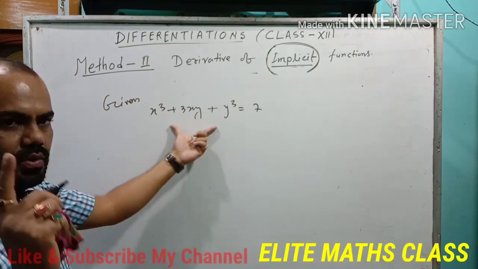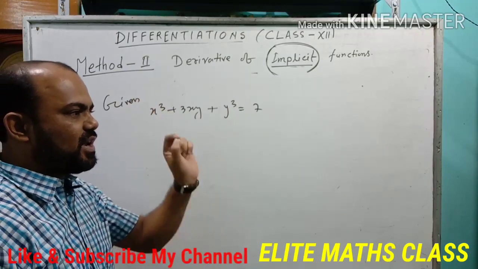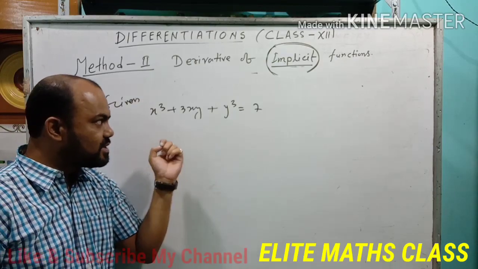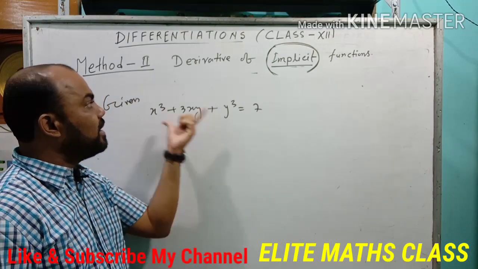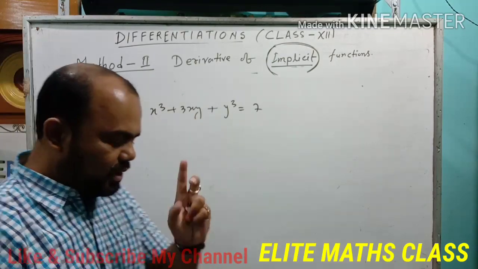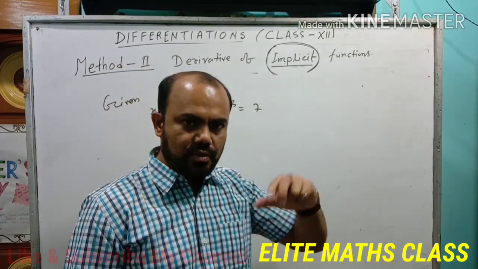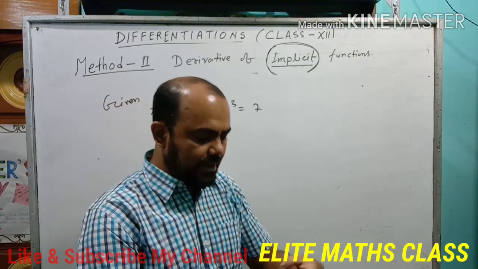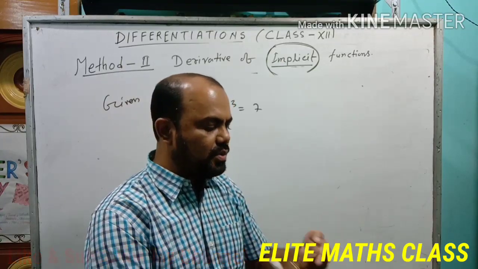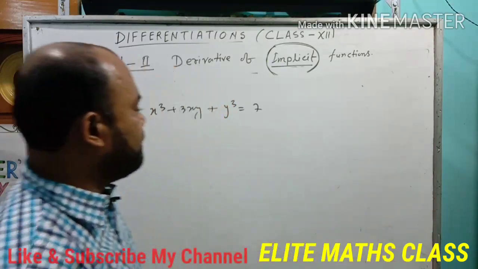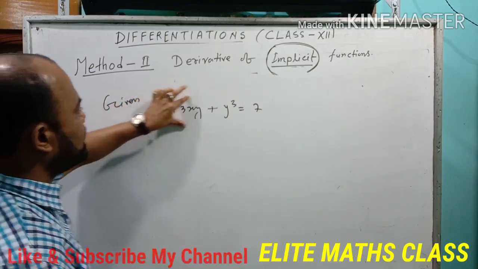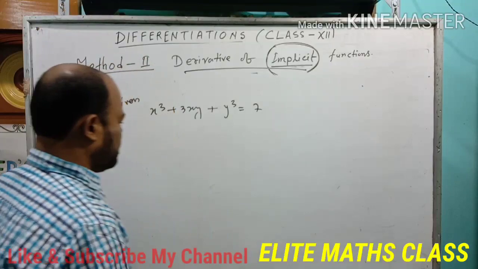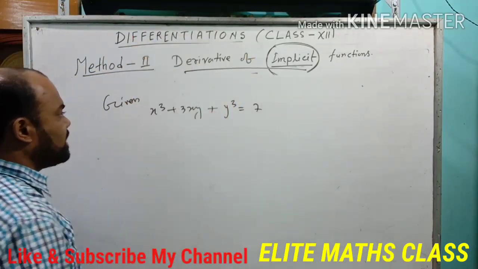The first thing you need to do, after getting the problem, is to identify the function very quickly, that it is an implicit function. Now two methods are clear. Method 1 is the chain rule, method 2 is derivative of an implicit function. So after getting the sum, you quickly identify which method to apply. Here it is clear it is an implicit function, so we have to apply the implicit function method.